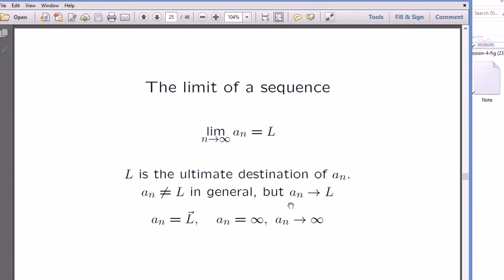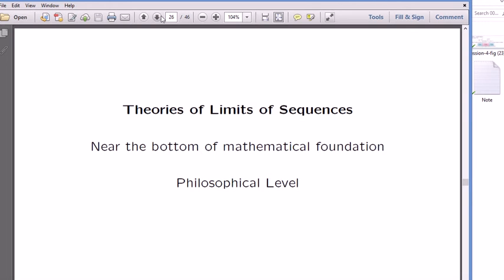Limit of a sequence. Let me say this: this theory is about the limit of a sequence. There's nothing but numbers, if you think about it, right? These are sequences of numbers. So if you put this in the place of mathematical structure, it goes to the really bottom of the mathematical foundation. There's no function or anything. It's just about numbers and how they behave, especially in an infinitesimal way.